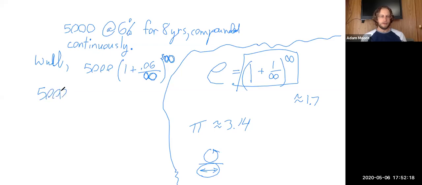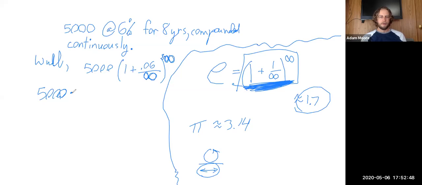Anyway, here's the idea. If I'm running into continuously compounding and I have to split things into infinity pieces, an infinity number of times, well, I can say, that's what e does in the first place. It is a number, don't get me wrong, just like pi is a number, but it comes up whenever I need to split things up into infinity pieces like that and take it to a power like that.